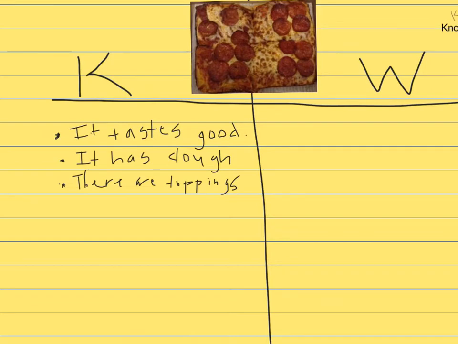Now, we gotta make sure that we know that not all pizza is the same. So we might know something about certain types of pizza, but that doesn't mean that it applies to all pizza. This is a very specific type of pizza, and I use this example for a reason. This pizza itself is square, which is different than the typical round pizzas we see. So we know that pizzas do not have to be round to be pizzas, okay?